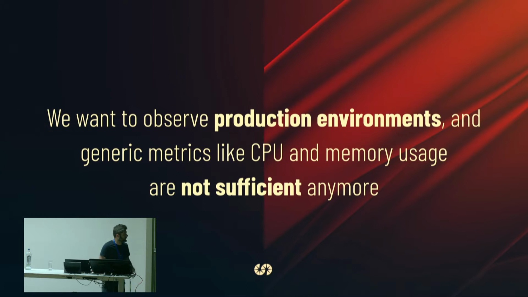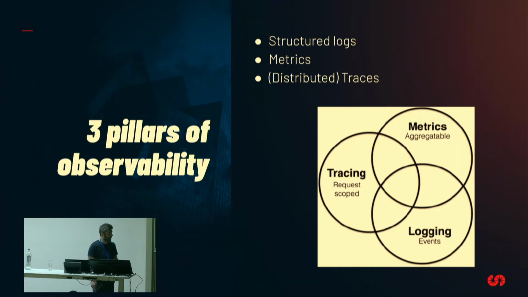We need to collect and analyze a lot more metrics about the application. So we can use these three pillars of observability that are structured logs, metrics, and traces, or distributed traces if we are implementing a distributed system. So in this talk, we will look at all those three points to understand what we can do in Drupal.